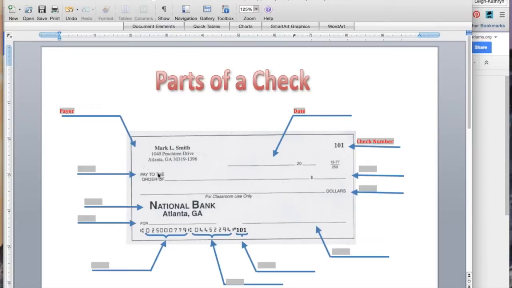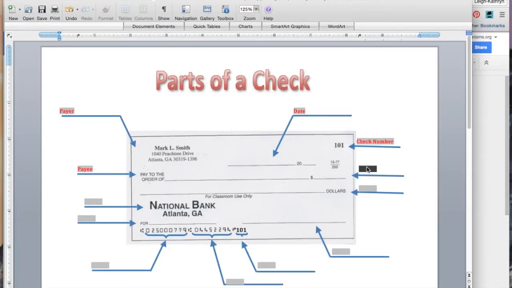Next line down under the payer's information, it says pay to the order of. What are we going to put here? We're going to write who or the company name that we are writing this check to. If this is the payer, this is the payee, the person getting paid. So we're going to write their full name here. At the end of the line, you'll notice there's a dollar sign and another line.